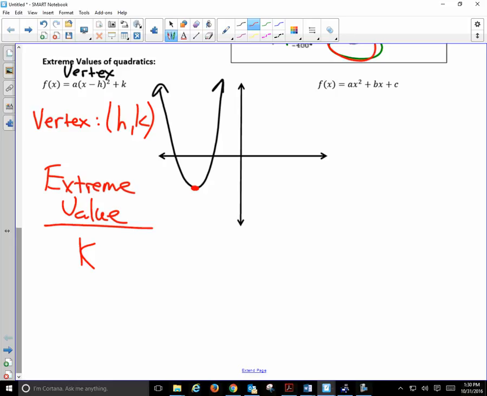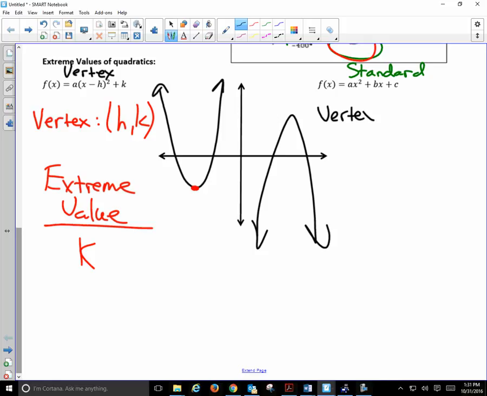So we're actually going to look at vertex form tomorrow. Today, we're going to look at what we call standard form. And standard form is ax squared plus bx plus c. And as we look at that parabola, it as well has a vertex that is at the extreme value, either the maximum or the minimum.